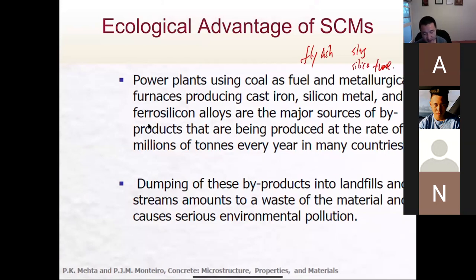These are waste products from industries, and every year millions of tons of them are generated. Most of the time, we dump these byproducts into landfills or even streams, which generates a big concern because they may pollute the environment.